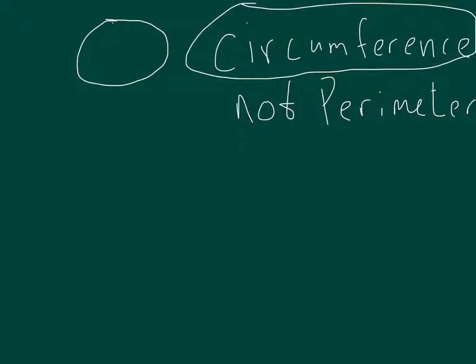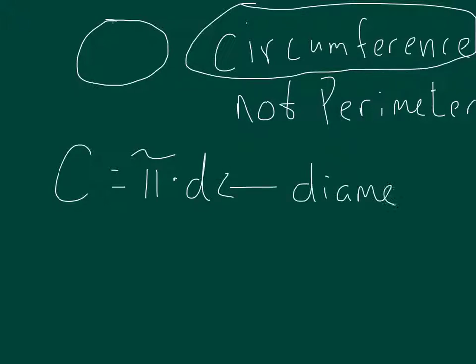The first one is circumference, or C, equals pi times D. D stands for diameter. Does anyone know what a diameter is?